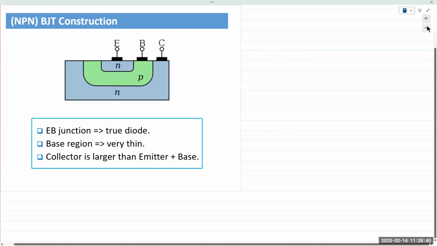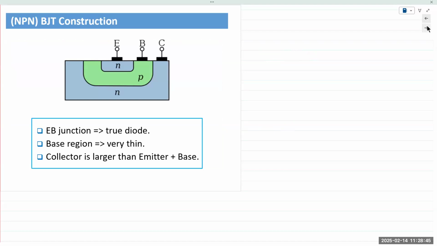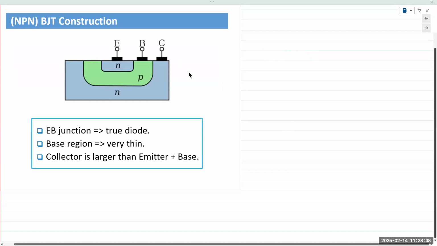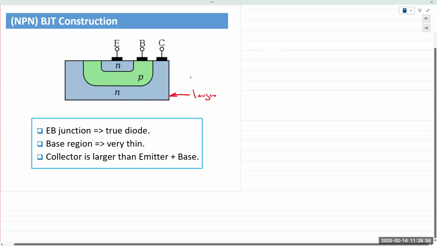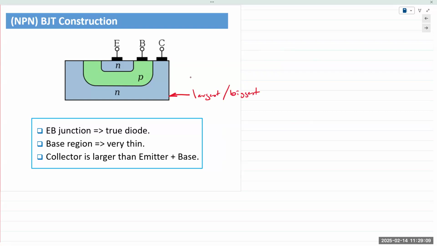So here's a simplified cross section of a BJT construction. You have the entire device made out of N-type material, and that is the collector. It's the largest structure physically. Then we create a P-type material inside our N-type wafer. So now we have the base.